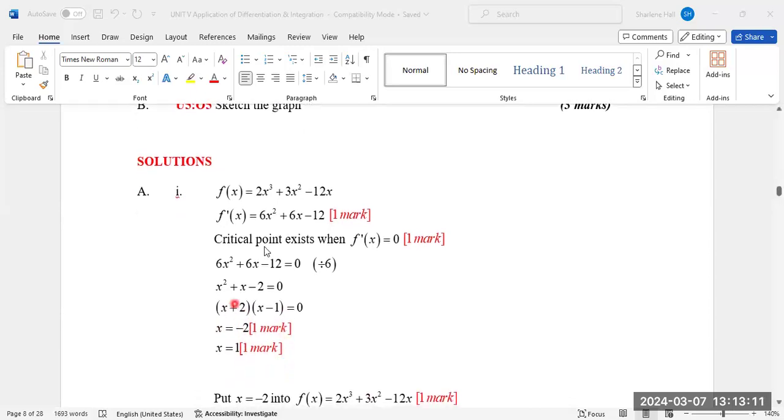I'm going to give you a minute to work through this factorization and tell me if you get the same answer as I did, please.